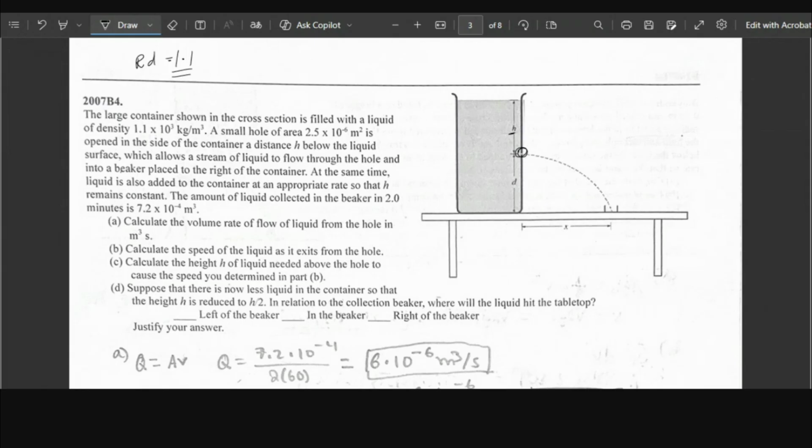It says this allows a stream of liquid to flow through the hole and into a beaker placed to the right of the container. So there is a beaker placed on the right side of it. At the same time, liquid is also added to the container at an appropriate rate so that H remains constant.